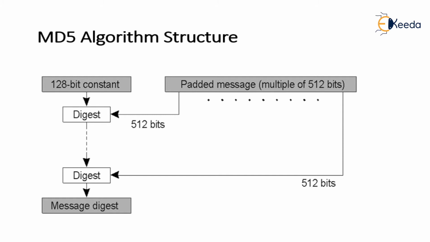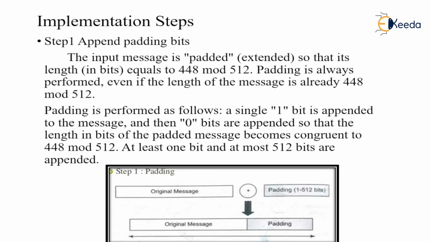Then we have different steps to be performed in a sequential manner to get the message digest at the end, which will be a 128-bit fixed size block. So let's begin with the implementation steps.